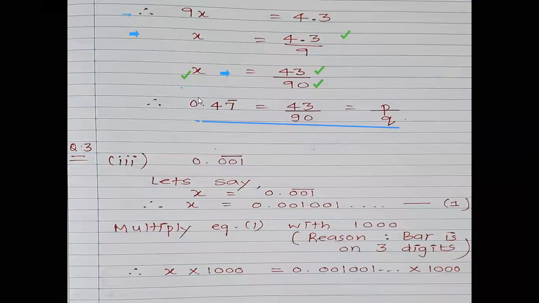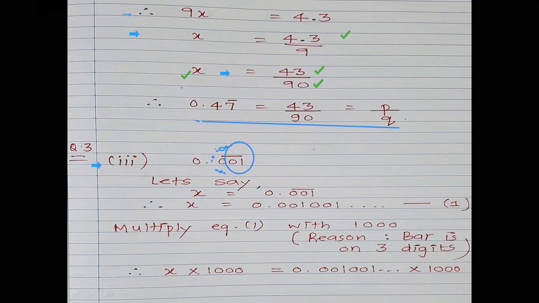Let us try to understand the next question, which is under question number 3, third one. The question is 0.001, and you can see over here the bar is actually on 0, 0 as well as 1.